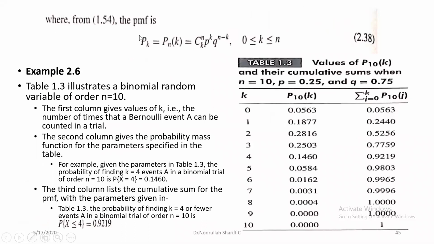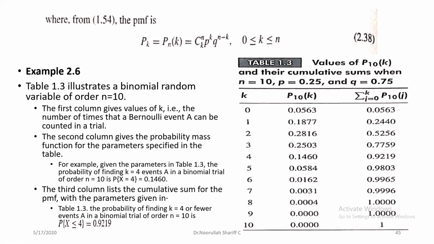We can write p sub k, or p sub n k, or p sub i, whatever you call it, as the combination C of n k times p to the power k times q to the power n minus k, for 0 less than k less than n.